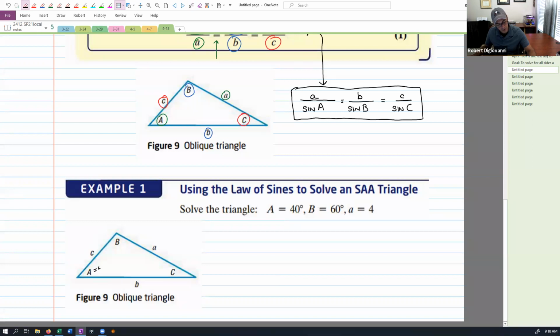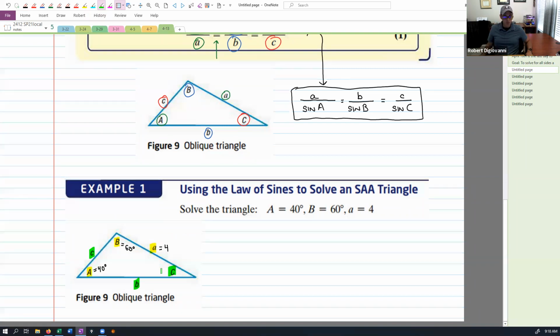This is 40 degrees. And I'm given that angle B is 60 degrees. So this is 60 degrees. And I'm given that the side a is 4. Okay. So everything in yellow, I have. Everything in green, I need to find out. Okay, that's what I need to figure out.